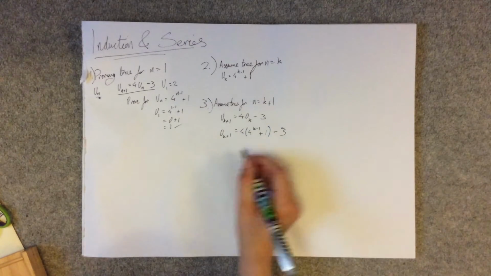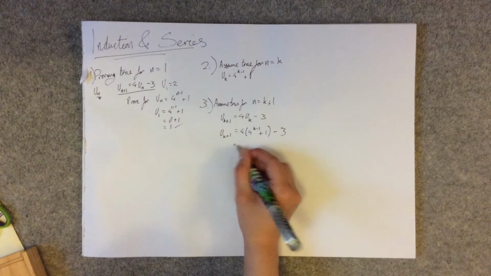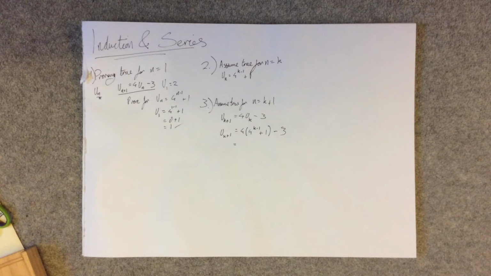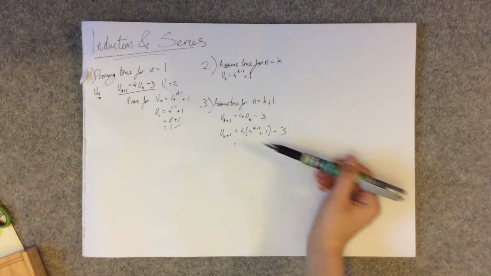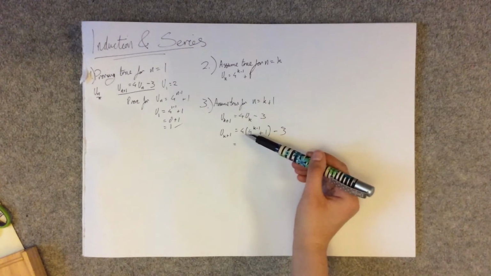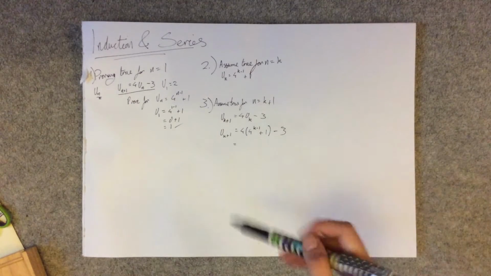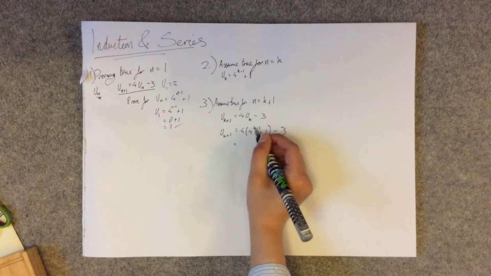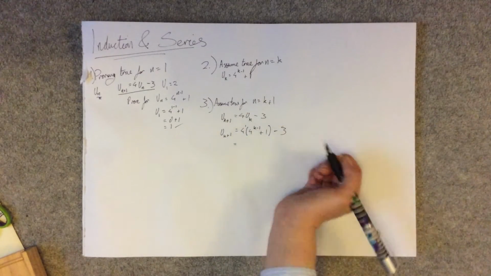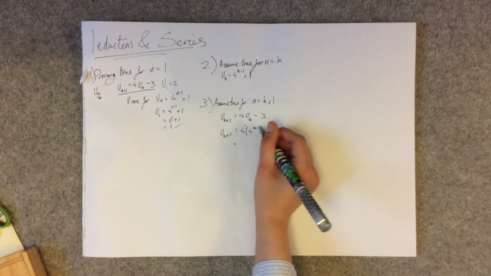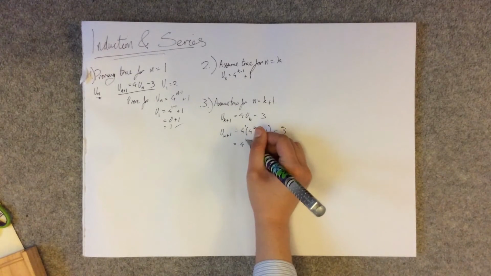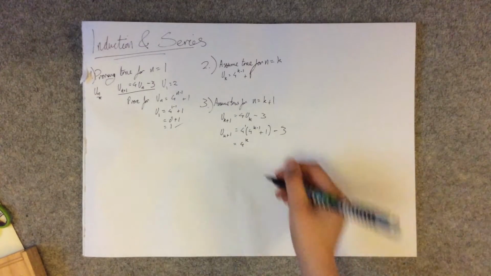And if you multiply this out, if you know anything about how indices work, 4 to the k minus 1 times 4 is the same as 4 to the k minus 1 times 4 to the 1. As you're multiplying them, you add the indices, which in this case is 1 and k minus 1, which results in an overall index of k, as the bases are the same.